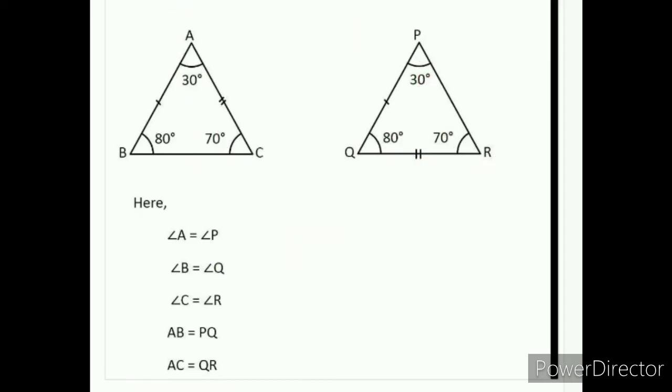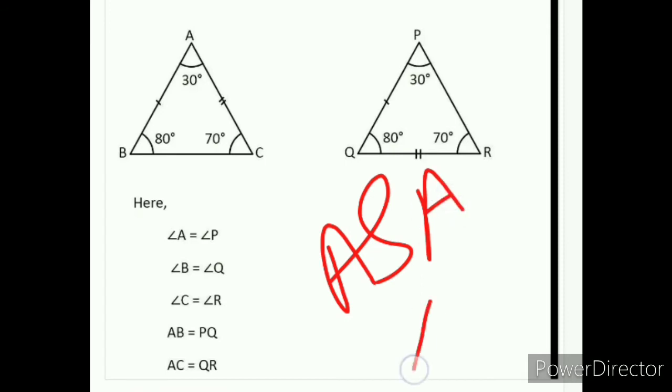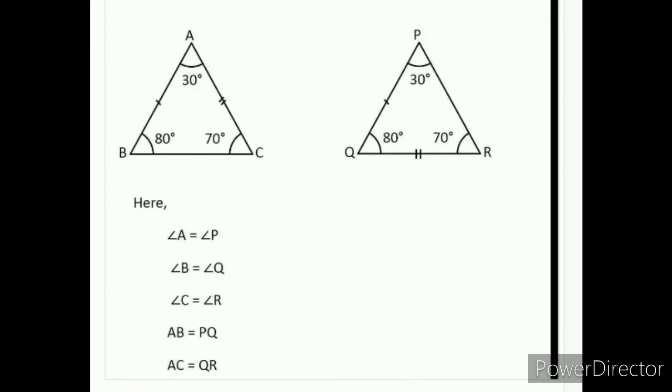Understand what I am telling? Yes. But here PR has no similarity, so the ASA criterion is also not applicable. So we'll clear this. RHS we cannot apply because here there are no right angles.